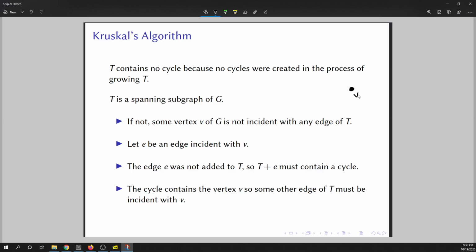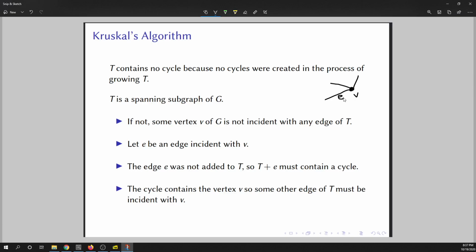So this vertex V that's not in T has to have some edges, at least one edge coming out of it. All right, so we know that there's edges coming out of this vertex V. And so what I'm going to do is just pick any edge that's incident with V and call it E. It doesn't really matter which one you pick.